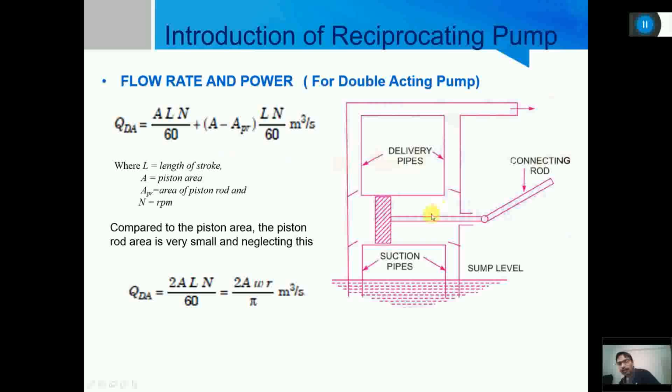But the area of cross section of the piston is much larger than that of the piston rod, and so it can be neglected. If we neglect that, then the discharge will be twice that in the case of a single acting pump.